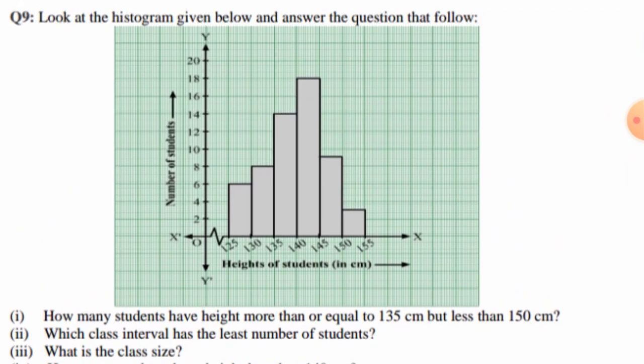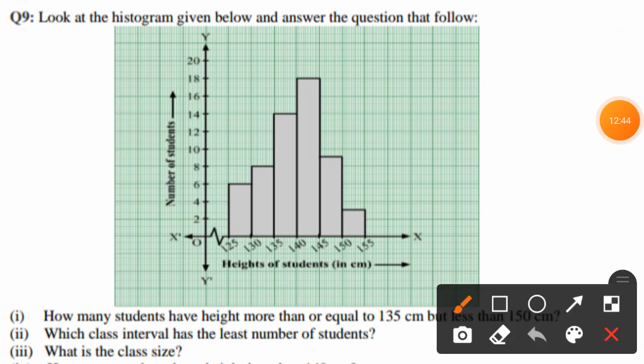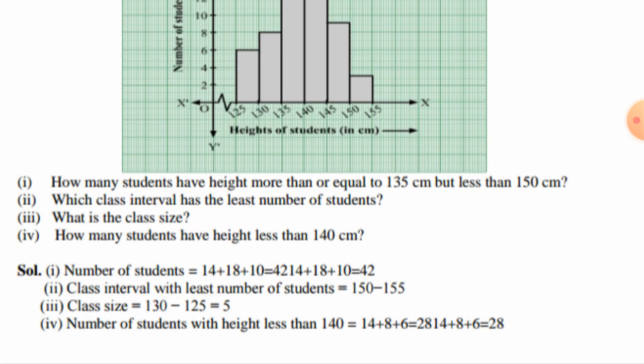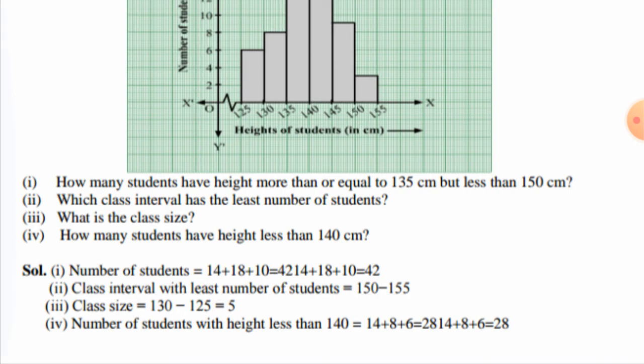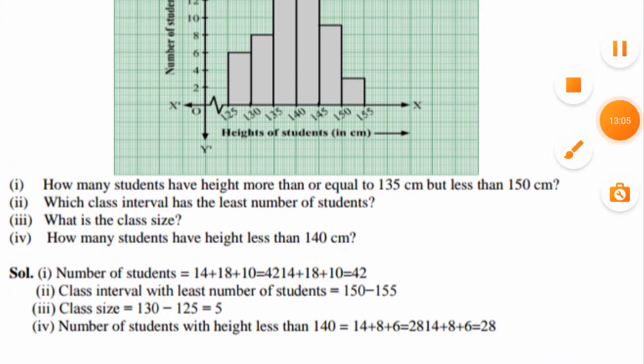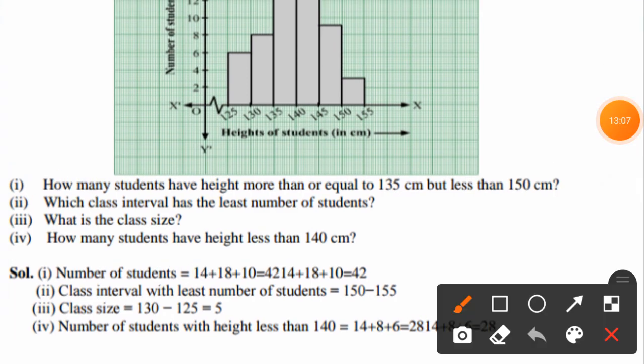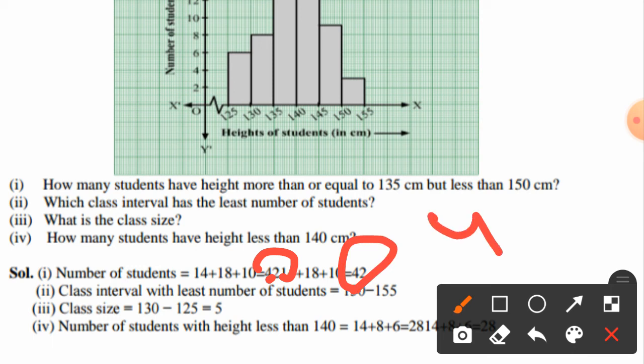Why are we taking 14 plus 18 plus 10 as the number between 135 and 150? Because this is 14, here it is 18, and this is 10. So when we add all these numbers, 14, 18 and 10, it will be equal to 42. So we can say the answer will be 42.